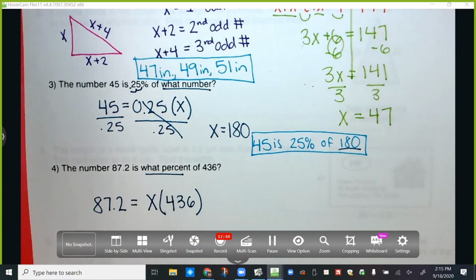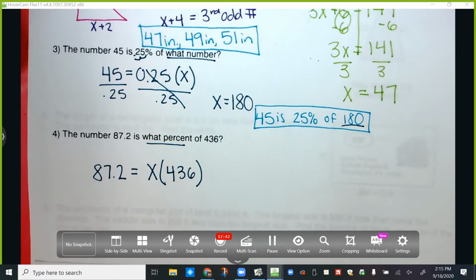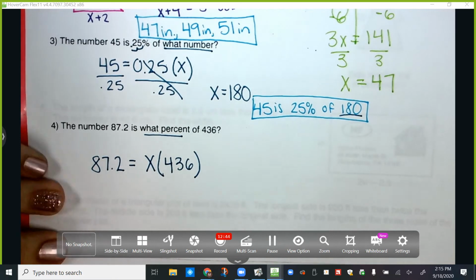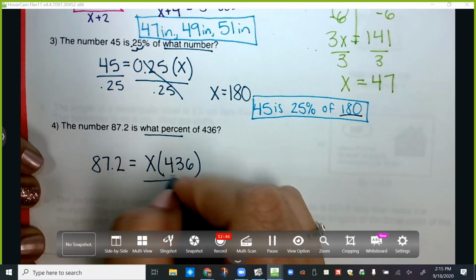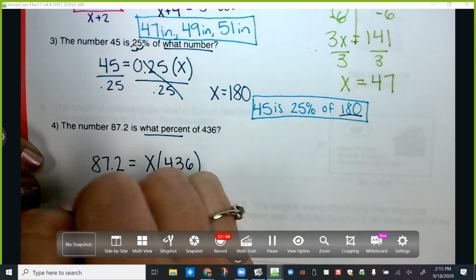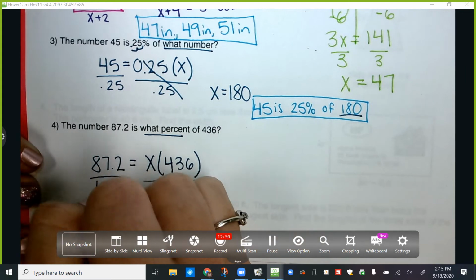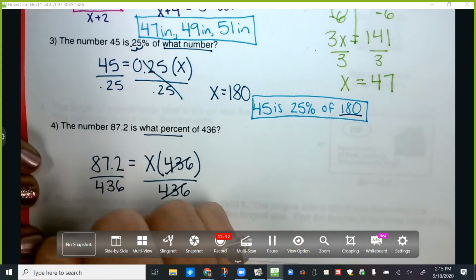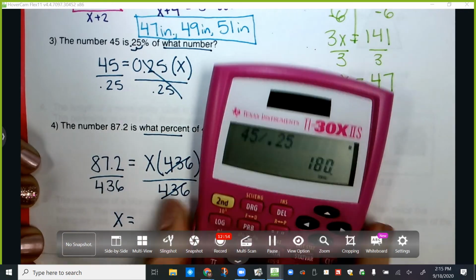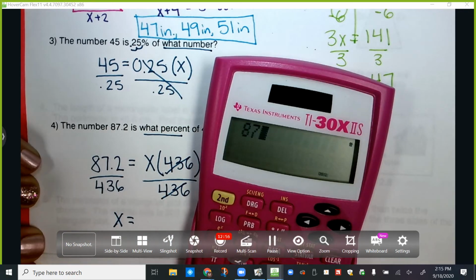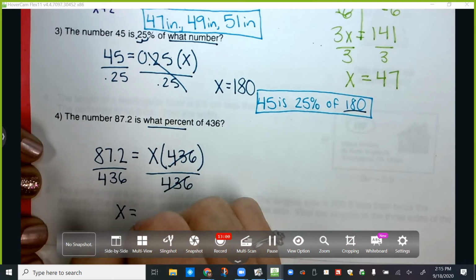Yeah. Okay. So knowing this, how are we going to get X by itself? Divide. We're going to divide both sides by 436. X equals 87.2 divided by 436 is 0.2.